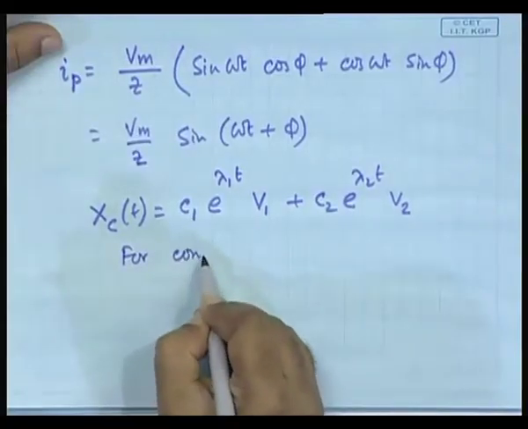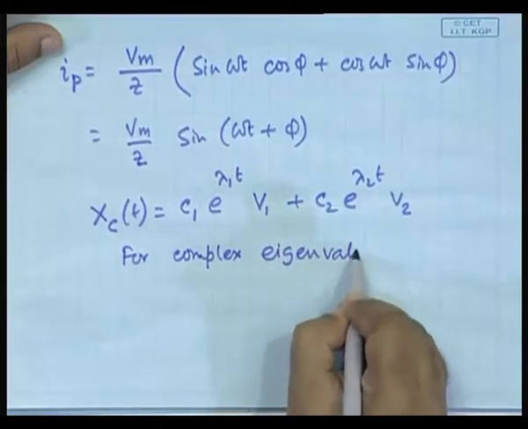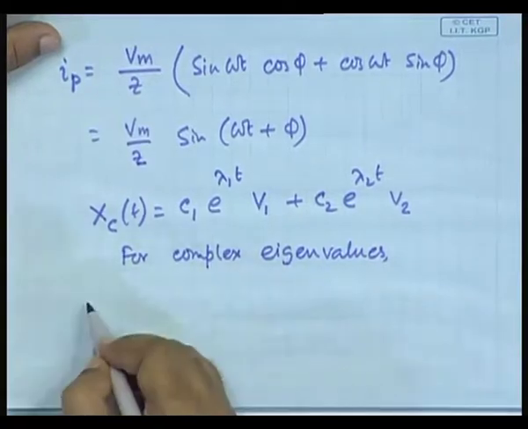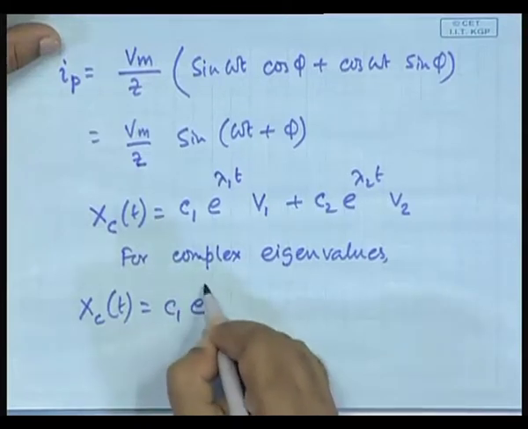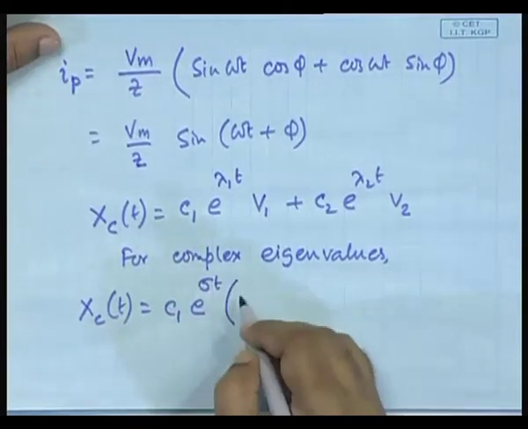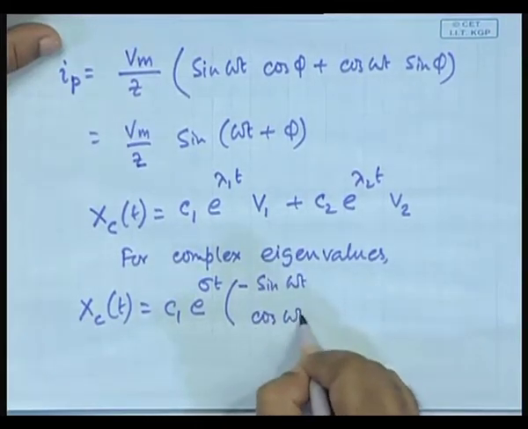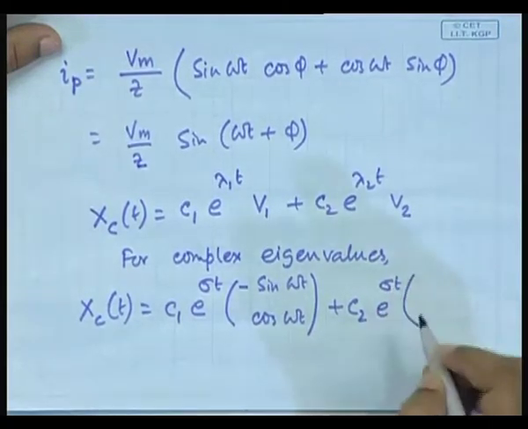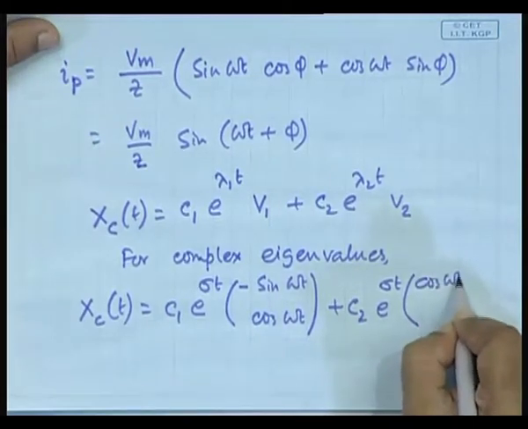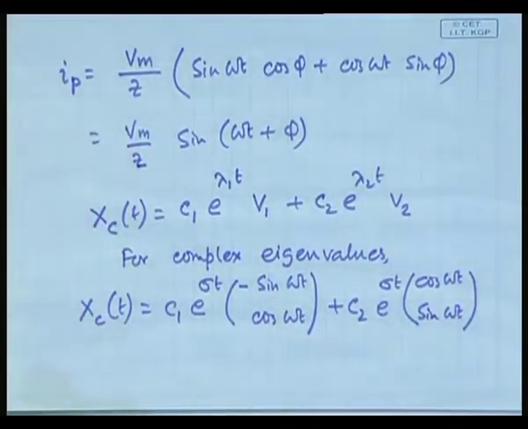So, for complex eigenvalues, x c will be C 1 e to the power sigma t times, remember, we had obtained it, and this will be the complementary function.